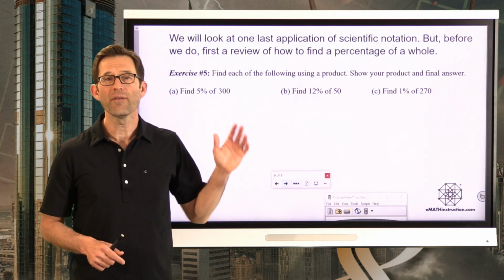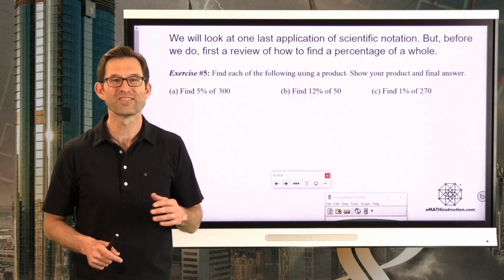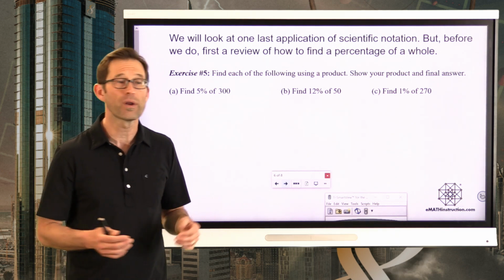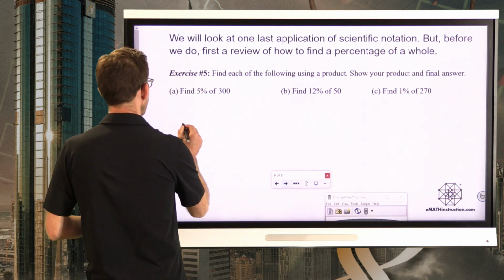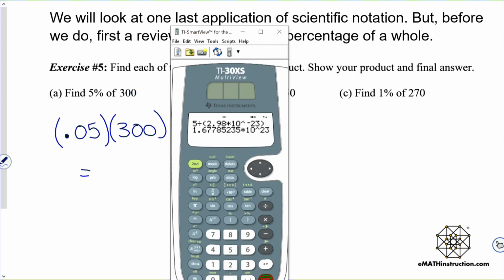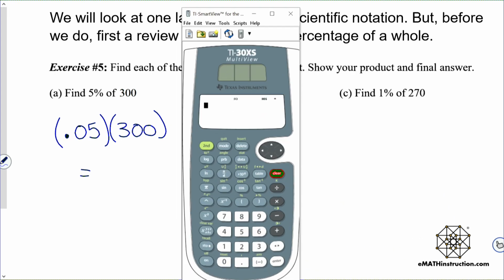All right, well, to find 5% of 300 means that we're multiplying 300 by 5/100ths or by 0.05. So to find 5% of 300, we multiply 300 by 0.05. And that's, of course, simple enough to do. We could probably even do it without our calculator, but we got the calculator going, so why not? And oh, hey, we're in scientific notation mode.